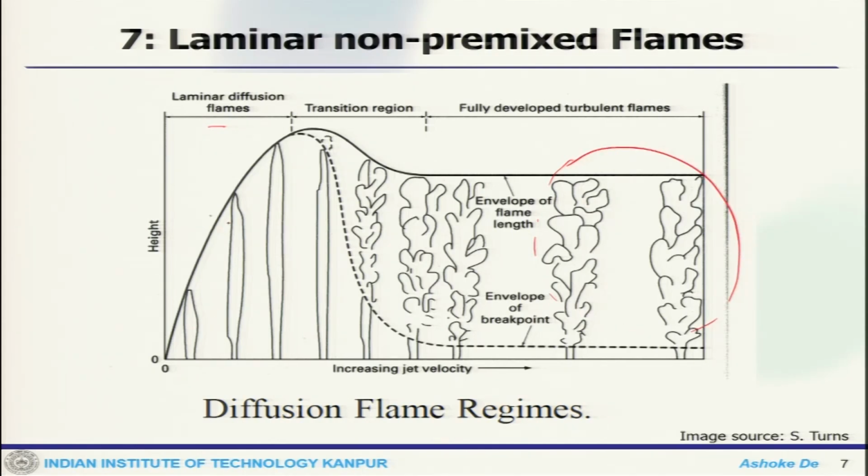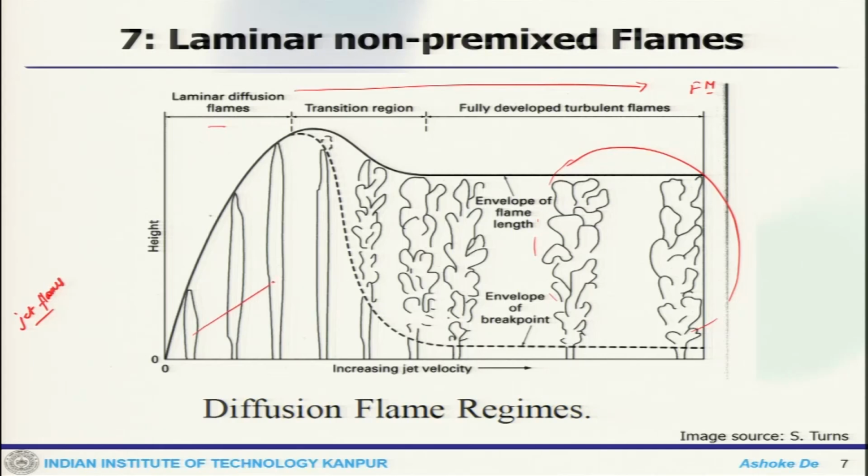You can see a nice structure here. As I mentioned earlier, this is primarily because of your fluid mechanics, how the underlying flow is behaving. If it is laminar, you get a nice flame structure. This is obviously for a simple jet flame.